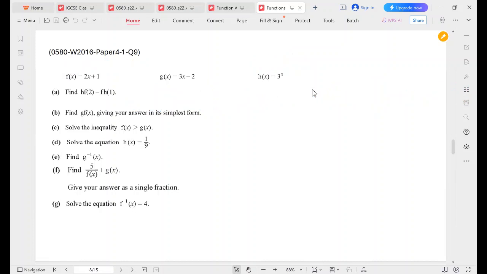In B, we are required to find g of f of x. So let's proceed. G of f of x is the same as g of 2x plus 1. So we need to plug in 2x plus 1 into g, into the x here.